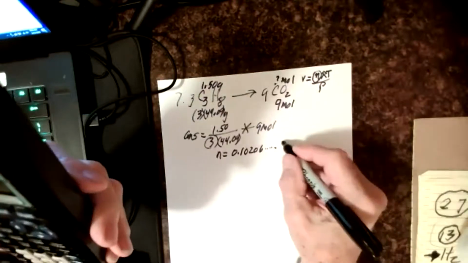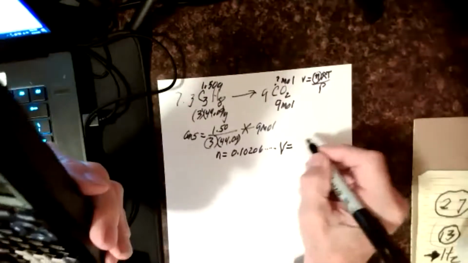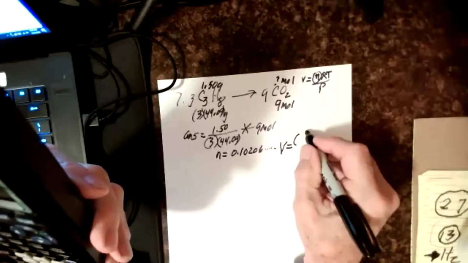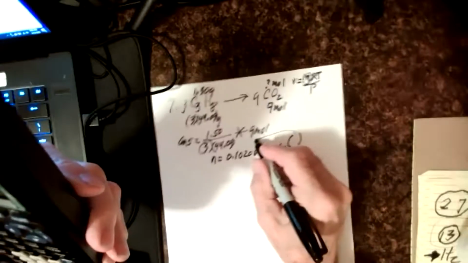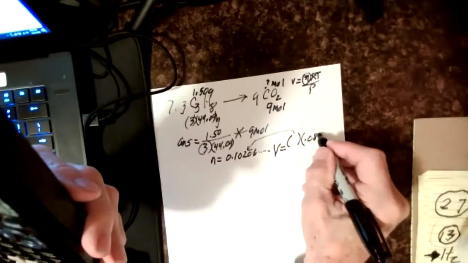Now what I'm going to do is say, okay, volume is going to be equal to my n. That's going to be that number right there. R is 0.0821.